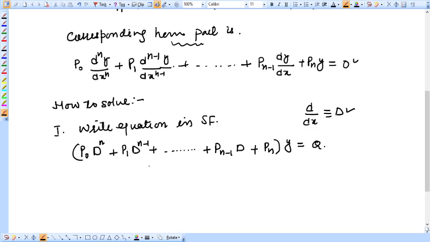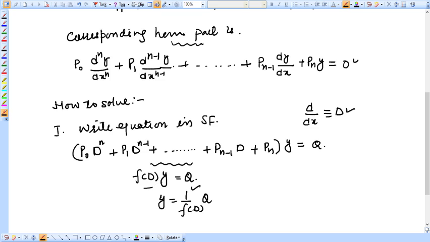Since this is a polynomial in D, we can write it as a function of D, so f(D) y is equal to q, because later on we will be coming to the inverse operator. So y could be written as 1 upon f(D) times q. This is known as the inverse operator of f(D).